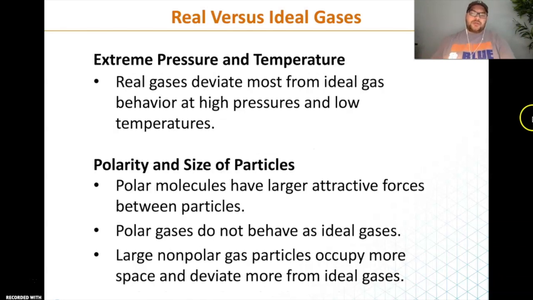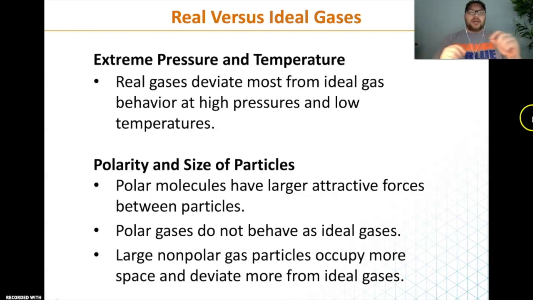Under extreme pressures is where we'll see the deviation from the ideal gas law. If you think about this, if you have really super high pressure, these gases will probably interact more, and we're going to see more deviation. If we have low temperatures, those particles are moving very slowly.